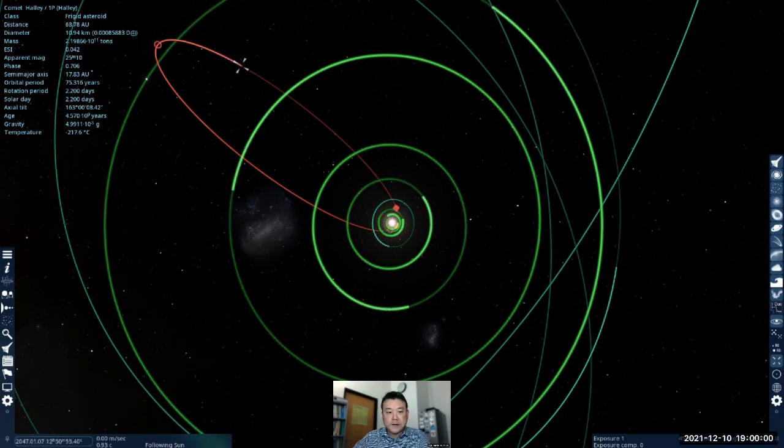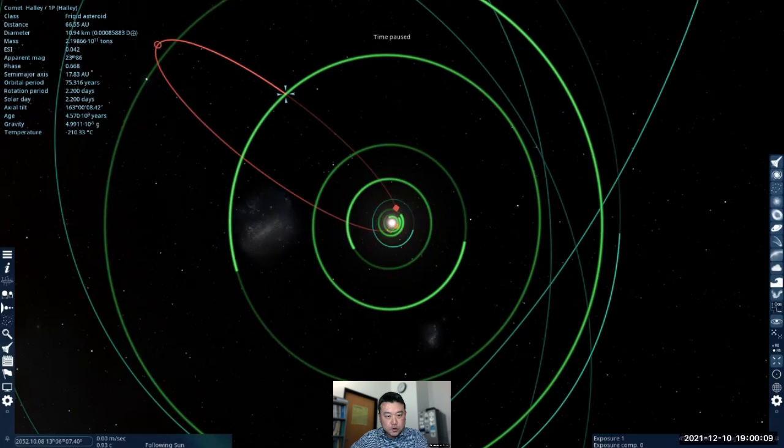So Kepler's second law says that the areas... Oh, sorry. Let me just pause it briefly. The area swept out by the line connecting the planet, in this case it's a comet, but Kepler's second law applies to comets as well. The area swept by a line connecting this object to the sun in some amount of time is equal for all the points in the orbit.